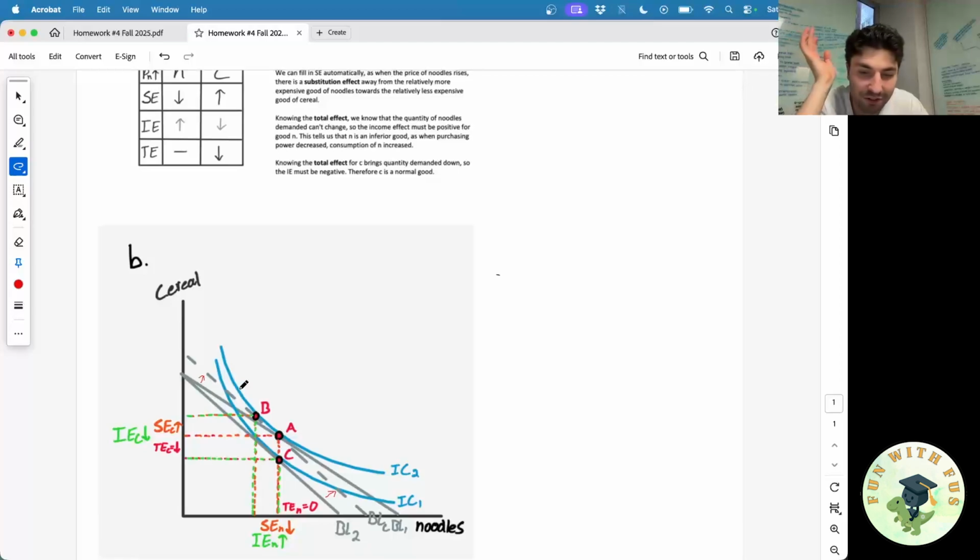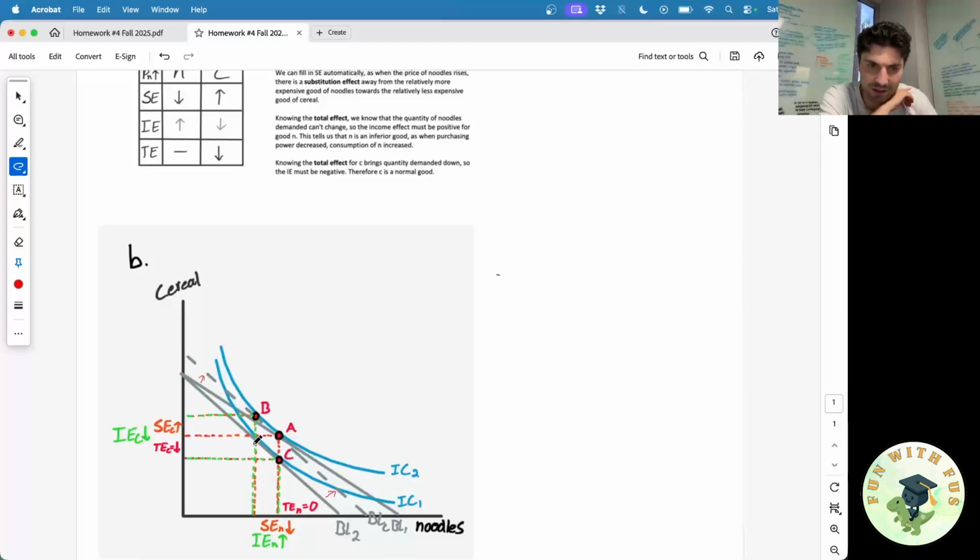You can also just commit to memory that A and B will always be on the same indifference curve. C will be on a different indifference curve. And B will always lie on this compensated budget line, which has the new budget line slope, and then you just scooch it out or in depending on what you're graphing.